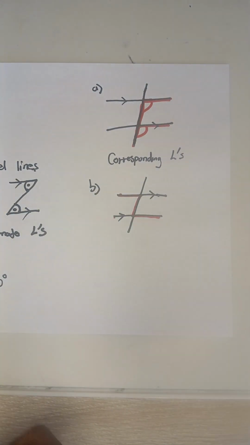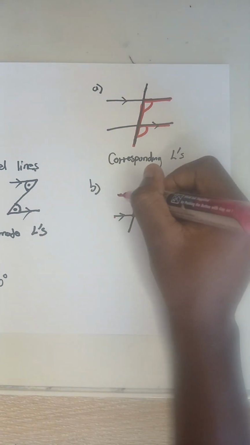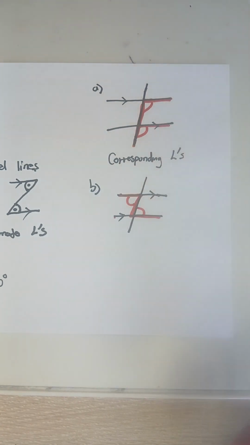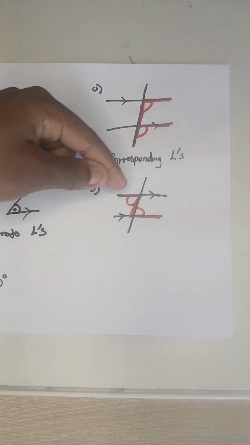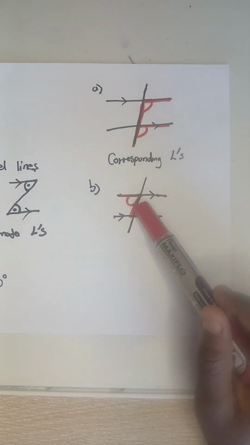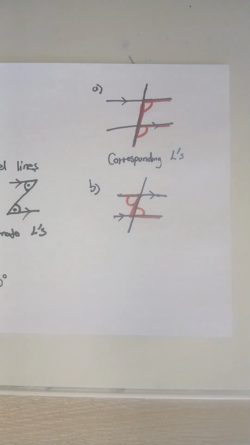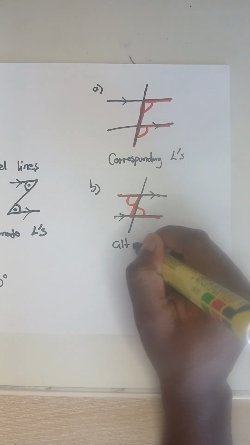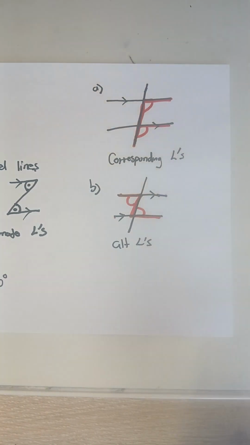That is the first thing that you must look at. Parallel lines. The Z shape, this angle over here is equal to this angle over here. So if this angle was 30 degrees, this was going to be 30 degrees as well. And then what is the reason? Alternate angles.